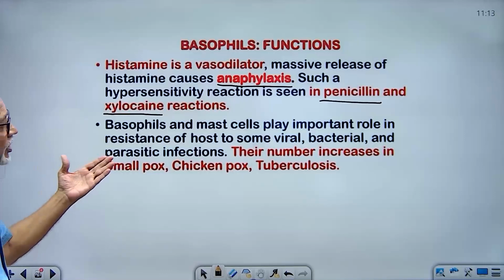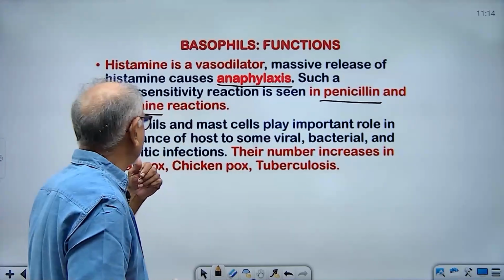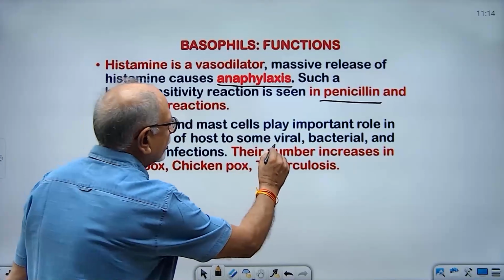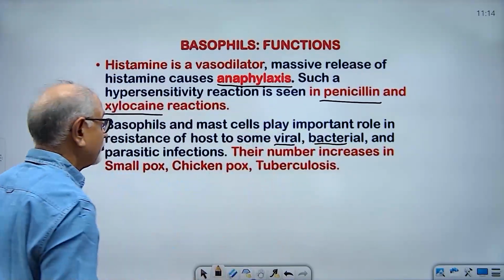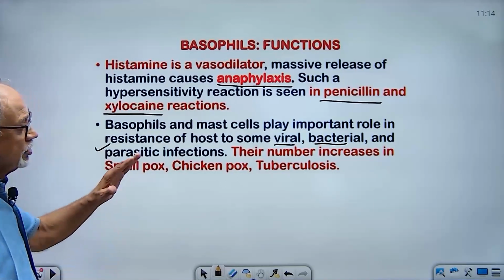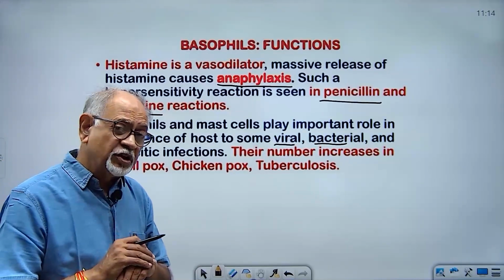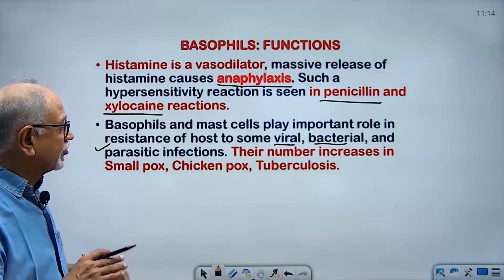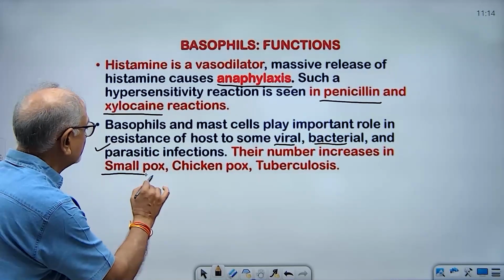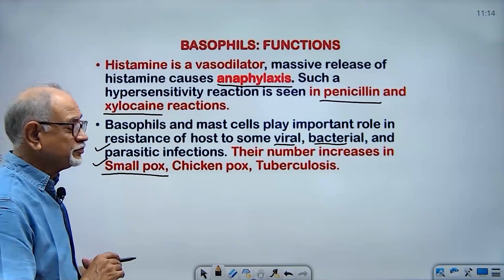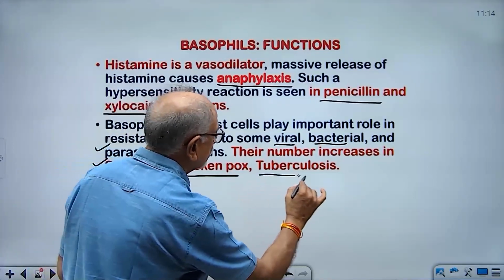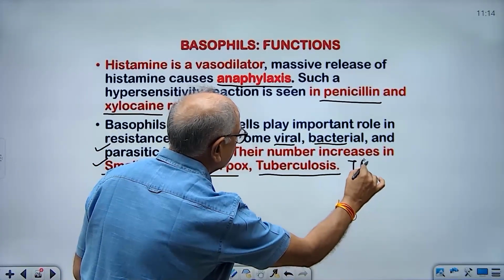The basophils and mast cells play a very important role in resistance of the host to some viral and bacterial, especially in case of parasitic infections. So when their number is increased, that indicates that some kind of infection is there. Their number increases in cases of smallpox, chickenpox, and tuberculosis, commonly called TB.